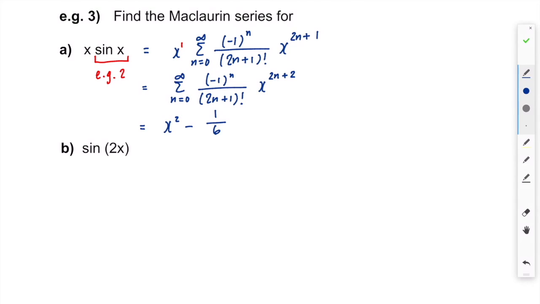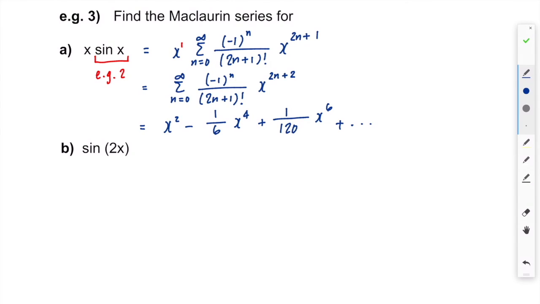And then x to the power of 2 times 1 plus 2, 4. When n is equal to 2, I have positive 1 over 4 plus 1 is 5, 5 factorial is 120. x to the power of 2 times 2 plus 2, 6. Okay, and then plus dot, dot, dot.